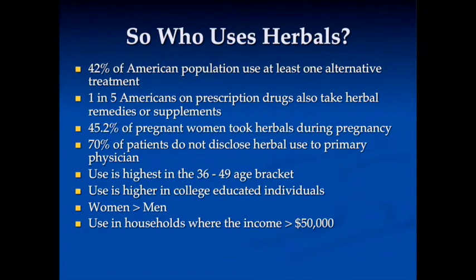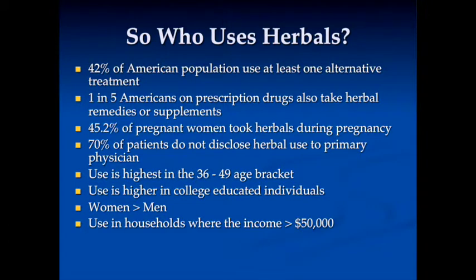It is estimated that almost half of the American population uses one alternative treatment, and alternative in our case is considered herbals, not traditional prescription drug medications. 1 in 5 Americans on prescription drugs also take herbal remedies or supplements of some kind. The one that really surprised me, almost 50% of pregnant women took herbals during pregnancy, because they immediately say, herbal, it's natural, you sell it on a shelf at a store, it has to be okay for me.